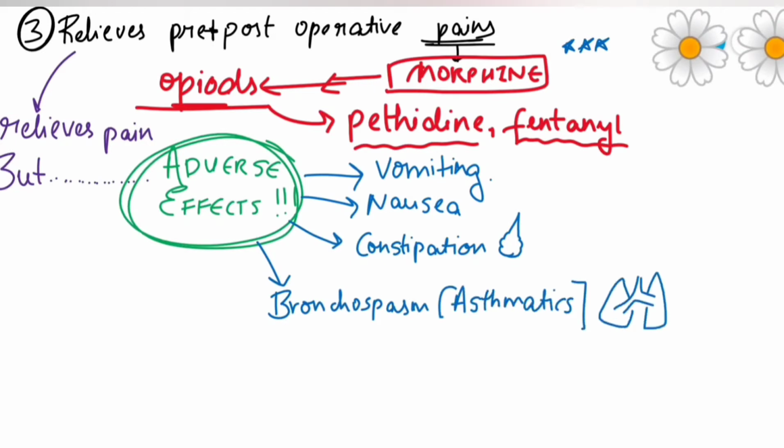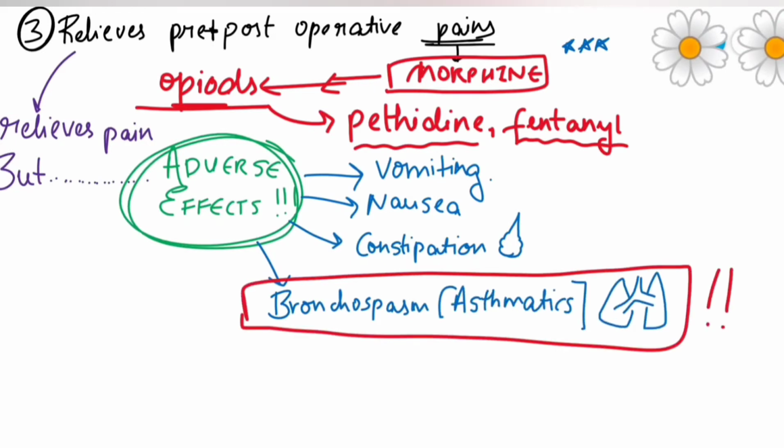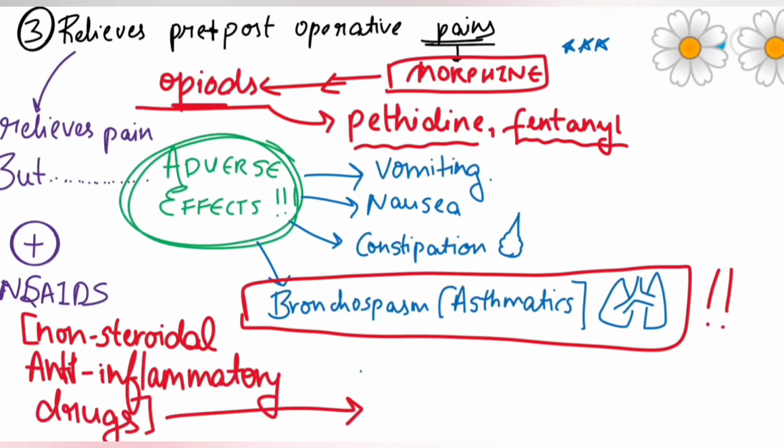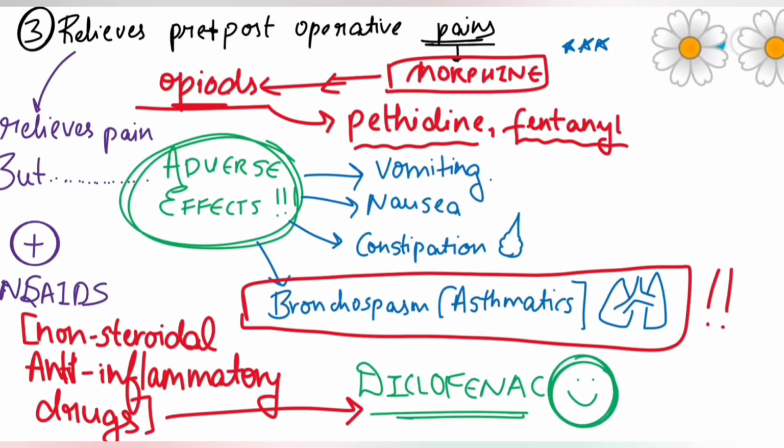Therefore, it's not usually preferred for those suffering from asthma. It can also be combined with NSAIDs, that is non-steroidal anti-inflammatory drugs, mainly diclofenac, which can also be used in this condition. It also tries to relieve all the post and pre-operative pains.